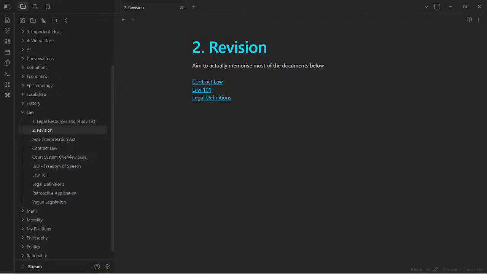Let's see if we can find AI tools that can generate quiz questions based off of an uploaded document. I forget what I used before. Quiz generator. Revisely. Let's give this a go.